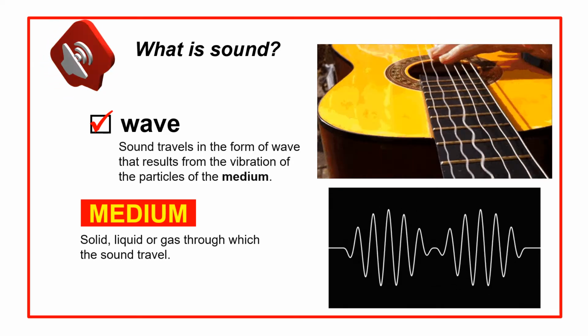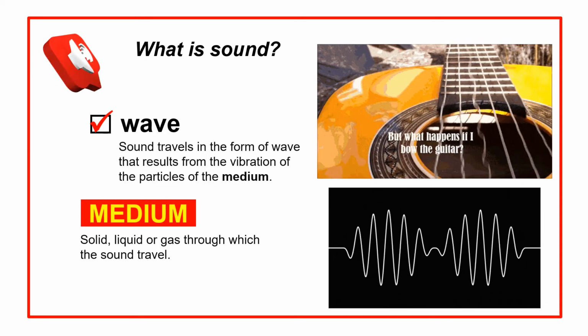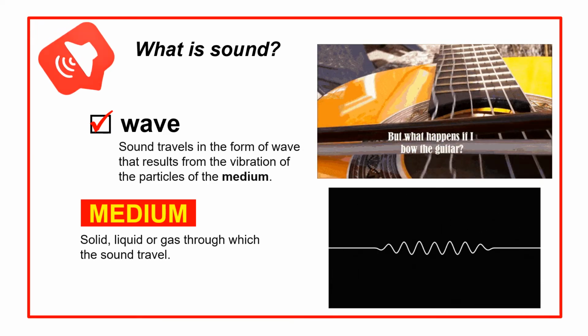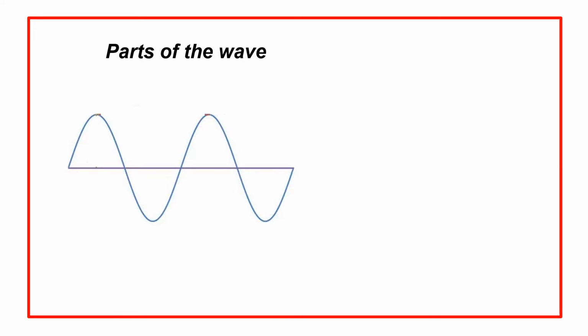So of course, different sounds will have different sound wave patterns. Sound waves have different parts. If you had already read the notes, then you are already familiar with what these parts are.